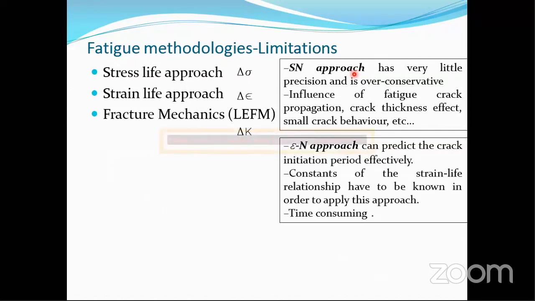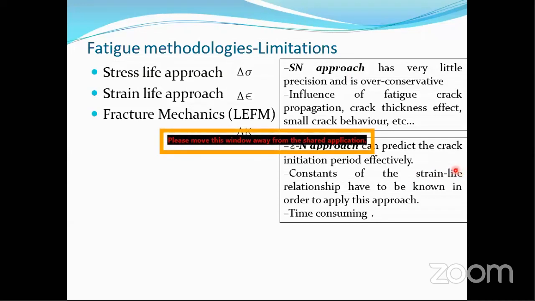Coming to the strain life approach, it can predict only the crack initiation period, but it cannot be used for crack propagation. Also, constants of strain life relations have to be known in order to use this approach. It is very time consuming to determine these constants using many experimental studies.